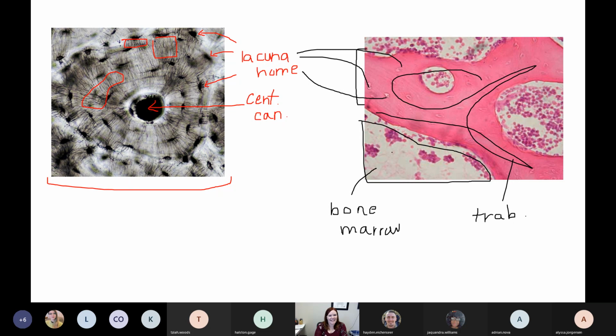Yeah, I'm making you type today, aren't I? The specific kind of cells in bone tissue are called osteocytes. Osteo means bone. So when we look at these lacuna, when we look at these homes, that's where I find the osteocytes. That's where I find the bone cells.